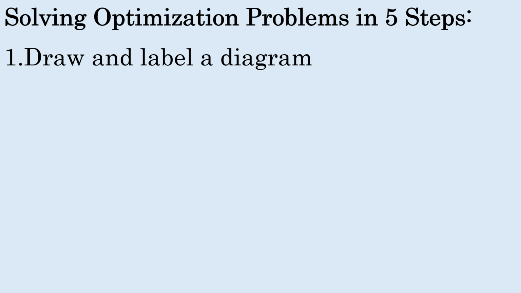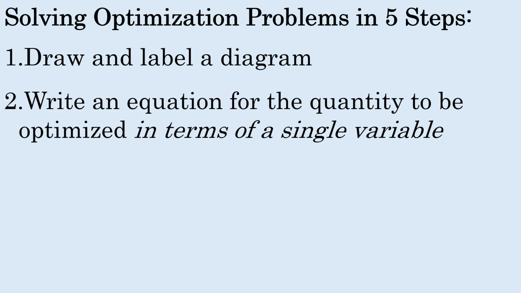The second step, and perhaps the most important, maybe most difficult step in solving an optimization problem, is to write an equation for the quantity to be optimized, and this equation has to be in terms of a single variable. Sometimes this requires you to think about the problem in a new way or to do a little bit of mathematics, but the equation that you write must be in terms of a single variable.